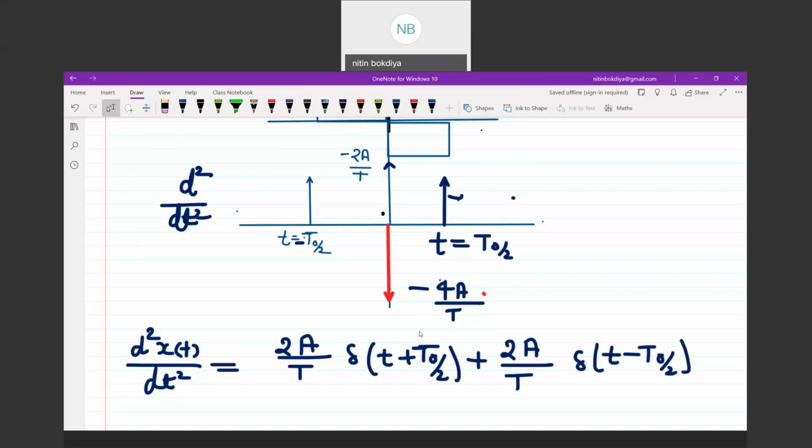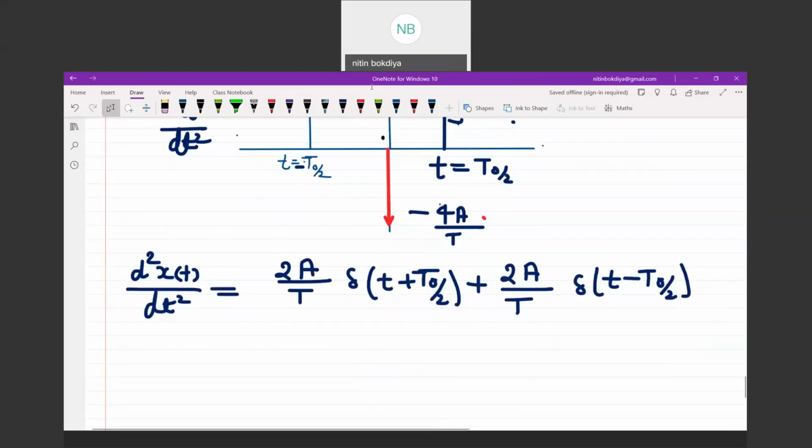And last is I can write minus 4a by t del t.